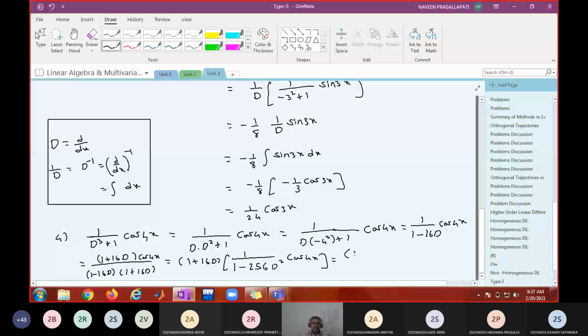So this is 1 plus 16D of 1 by 1 minus 256 into minus 4 square of cos 4x.